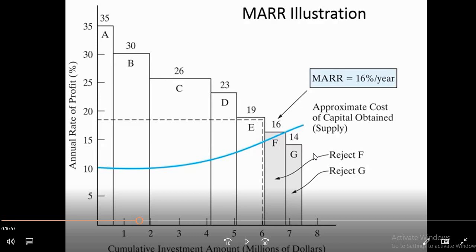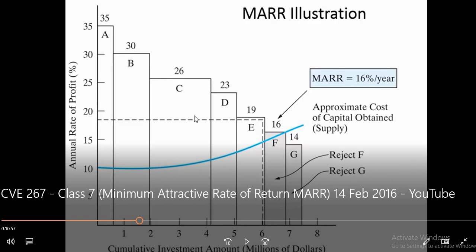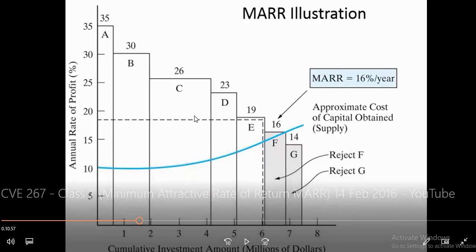So when that amount i is just equal to the rate of return of that bank, this is nothing but the MARR value. So this MARR value we consider in our example.